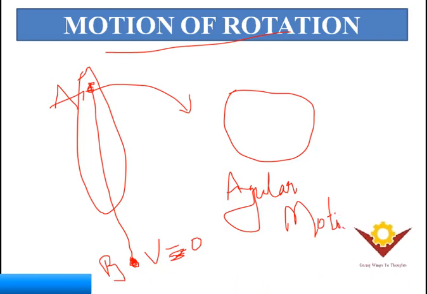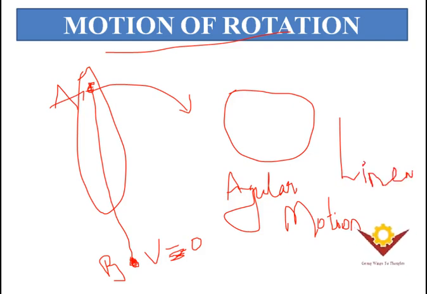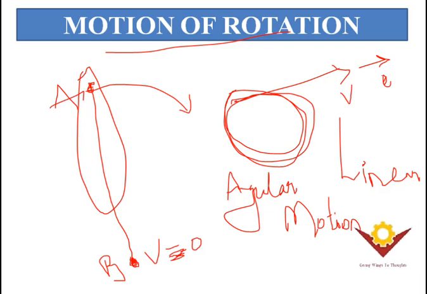In the previous case we saw linear motions, but here, in rotation, these are angular motions. For these angular motions, we have velocity and acceleration, but these are angular velocity and angular acceleration, in the angular motion concept or motion of rotation.